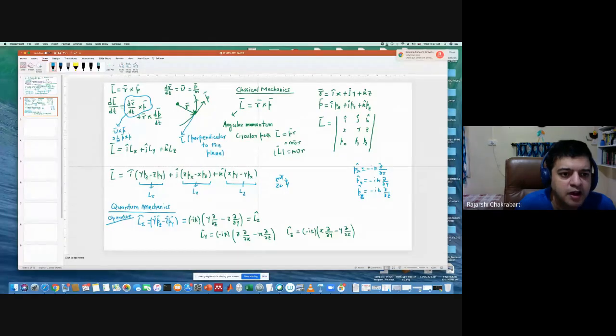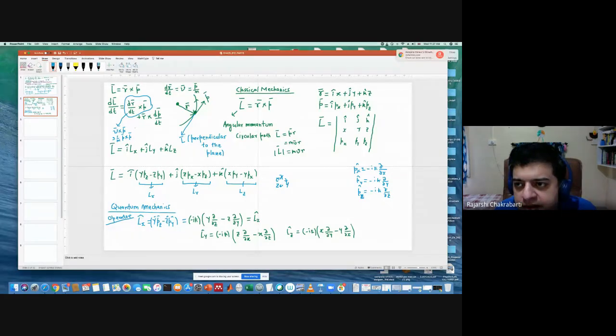Go to your class 12 vectors: if I take the cross product of a vector with itself, what is the answer?